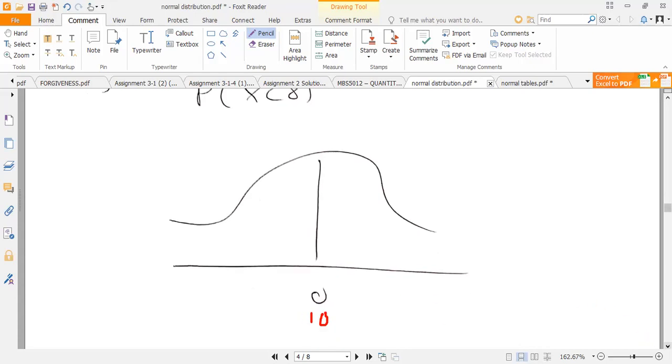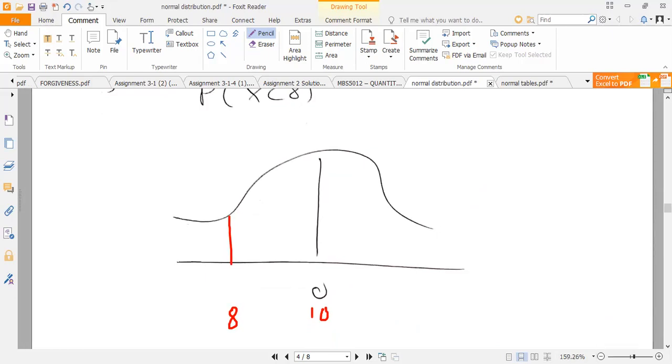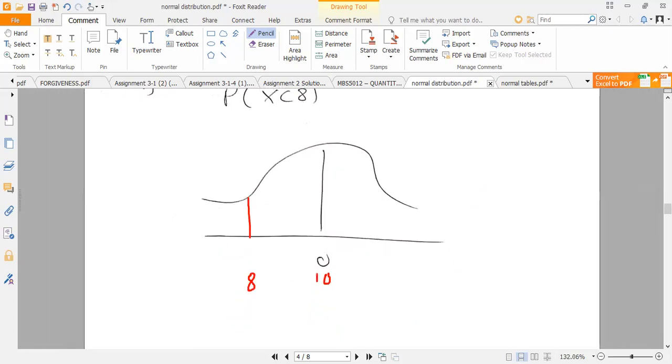So the 8 should be less than 10, on the left side here, right? You put the divider and the 8 is here. Good. Then what do you do to the 8? Since it's less than, where are we shading?